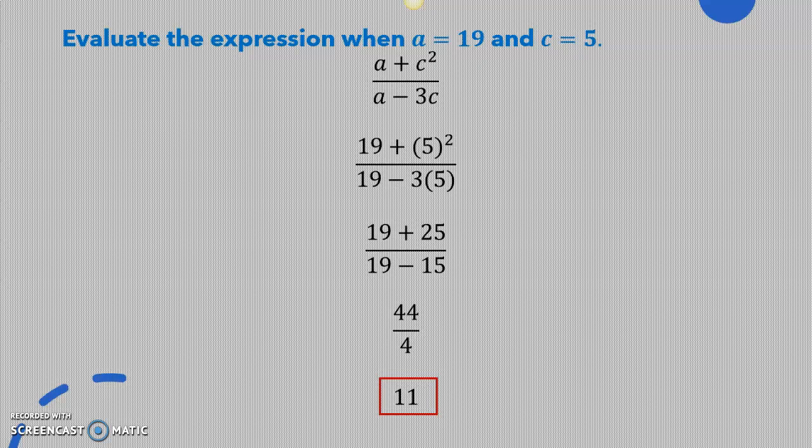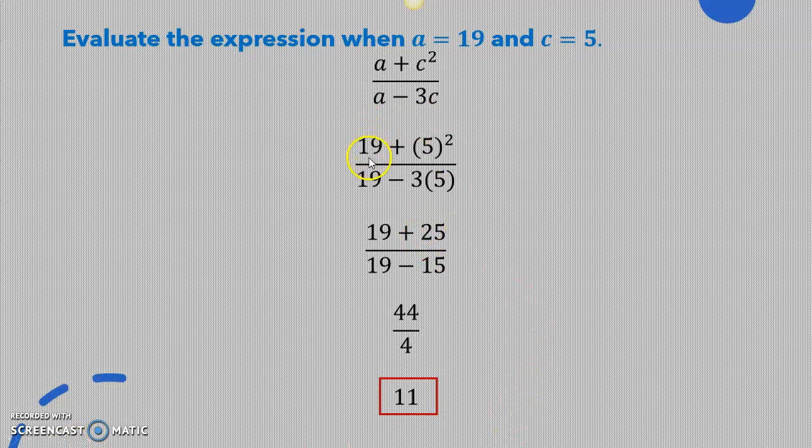In our instructions, it tells us to evaluate the expression when a is equal to 19 and c is equal to 5. So we're going to substitute 19 in for everywhere that we have a, and we'll substitute in 5 for everywhere that we have c.